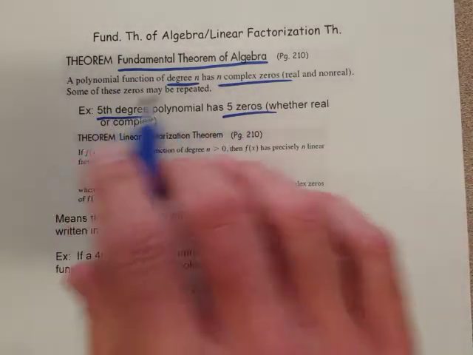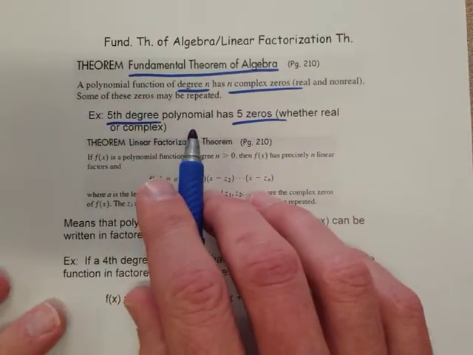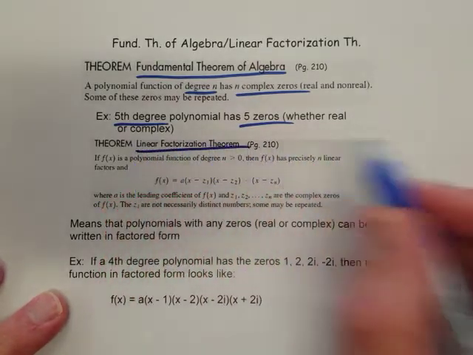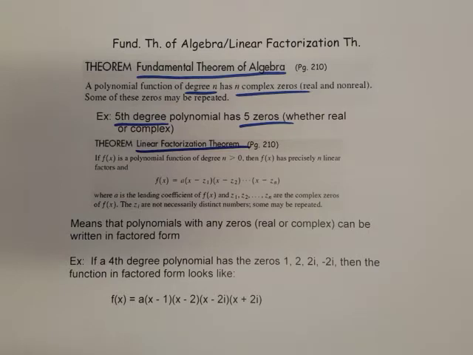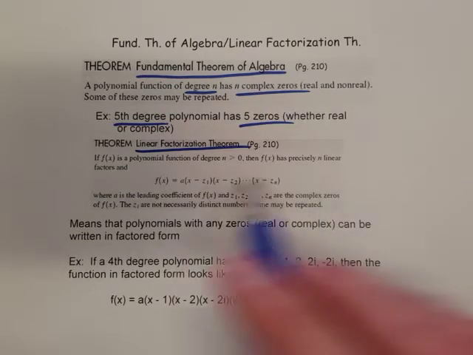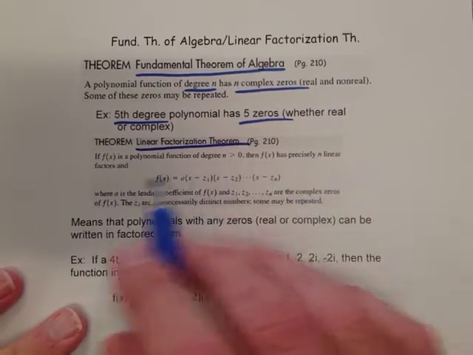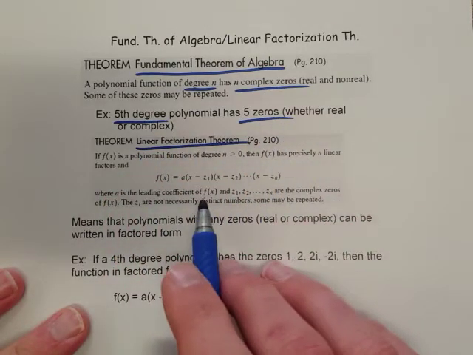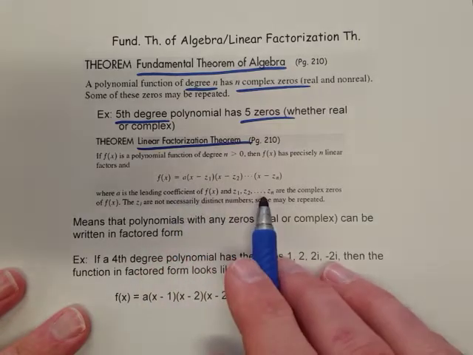Now, that's the big basis for everything that we're doing today, but something that goes along with it is called the linear factorization theorem. Basically saying that if a polynomial has these zeros that we're talking about, the 5 zeros, they can all be written in a factored form.